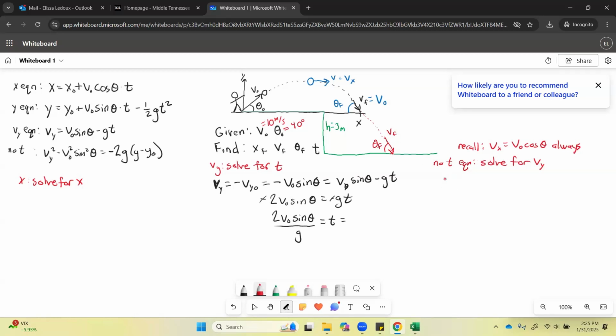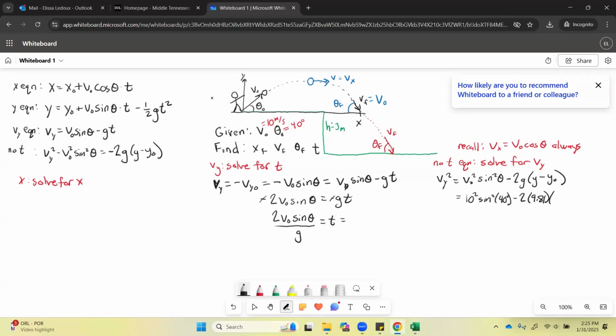All right, so from this no t equation, we have Vy squared equals V initial squared sine squared theta minus 2g times y minus y initial. So if we plug numbers in here, we'll have 10 squared times sine squared of 40 degrees minus 2 times 9.81 times final y is going to be, let's see.